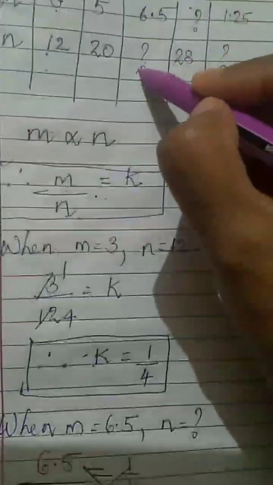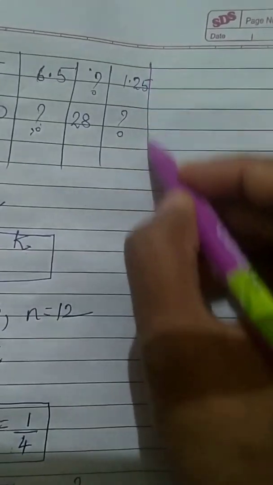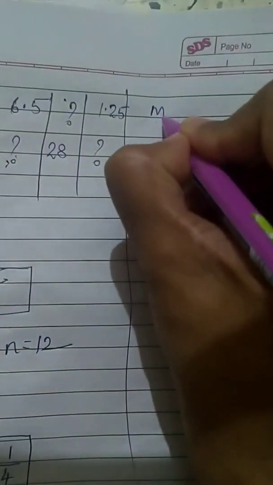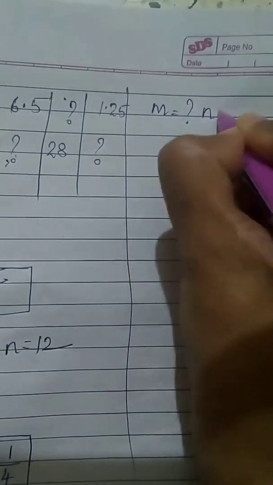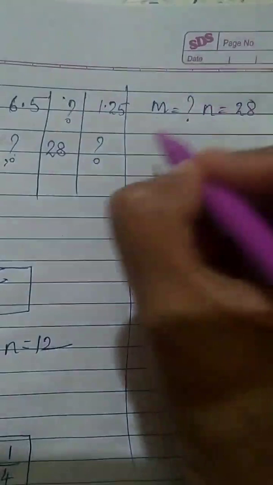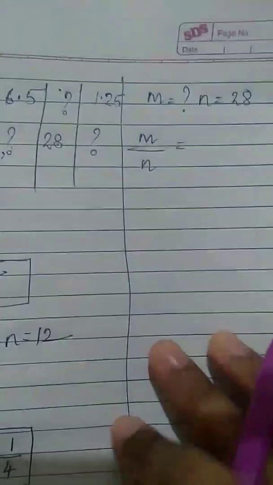First answer we got, 26. Now this one I'll solve here. So m is not known. n is given as 28. Now n is 28, m we don't know. What do you know? m upon n is equal to, what is the constant k?